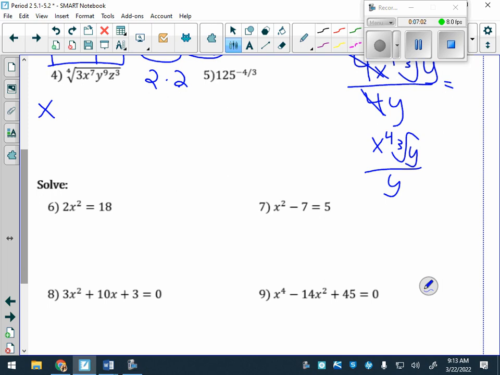So we can't do anything with the 4th root of 3, so that stays inside. 4 goes into 7 once. There are 3 left over. 4 goes into 9 twice. There's 1 left over. 4 does not go into 3, so that stays where it is.